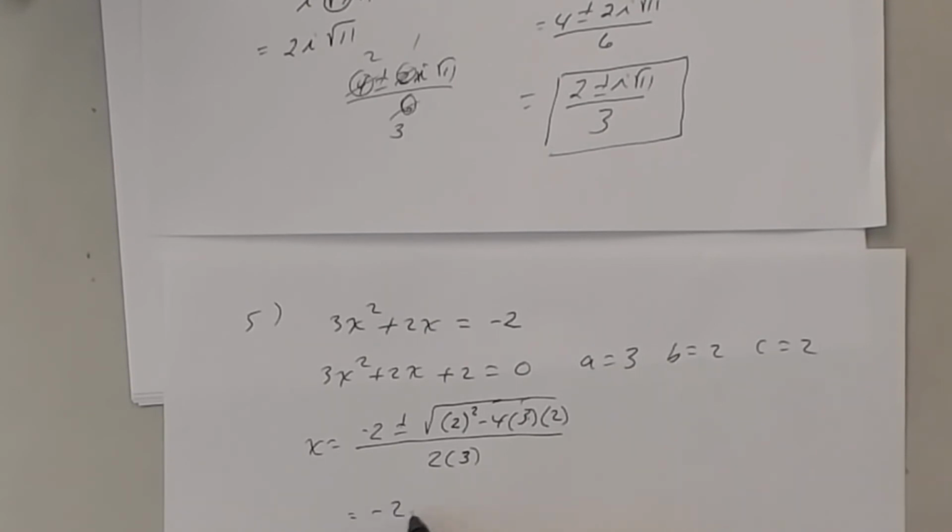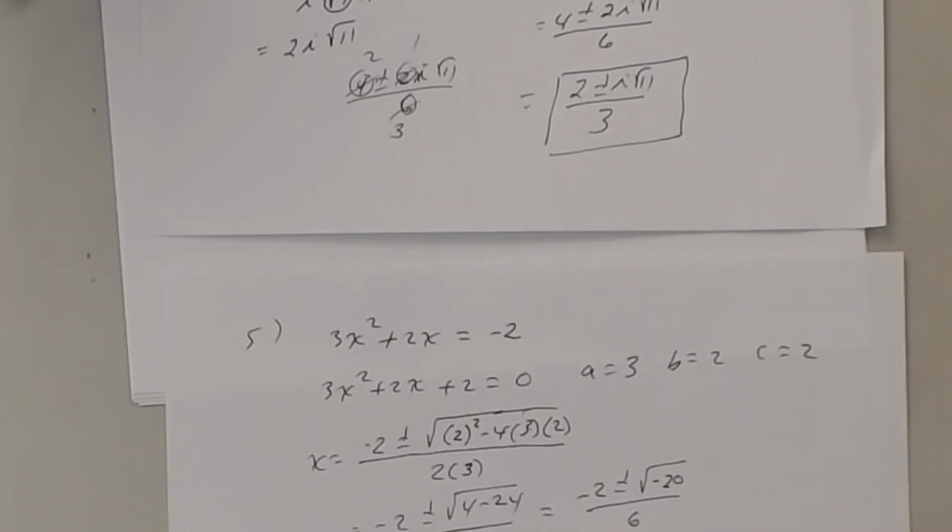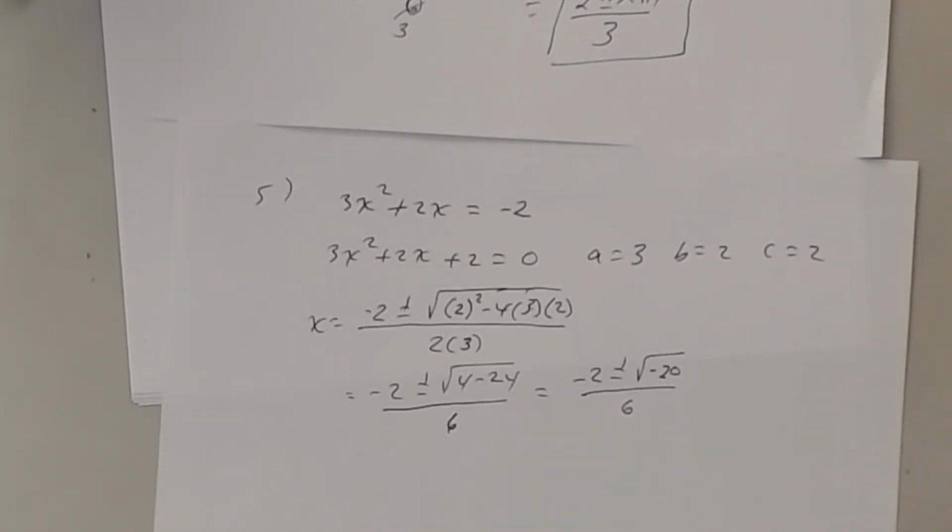So I get negative 2 plus or minus the square root of 2 squared, which is 4. Now what's negative 4 times 3 times 2? Negative 24, all divided by 6. All right. Negative 2 plus or minus the square root of what number? Not 20. Negative 20. You've got to be careful. You put 20, you're not getting your full credit. It's supposed to be negative 20.